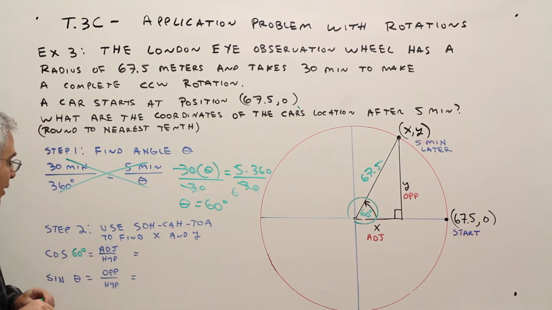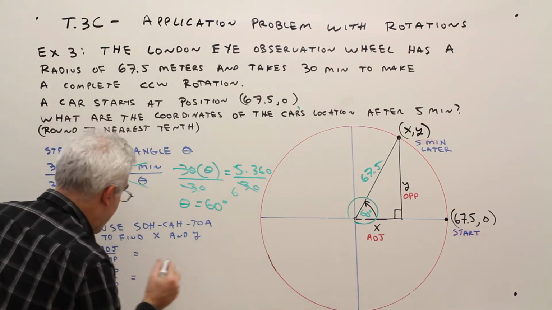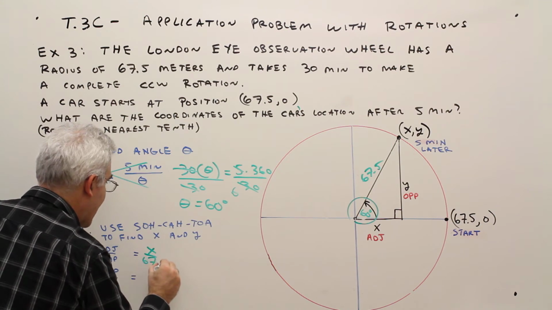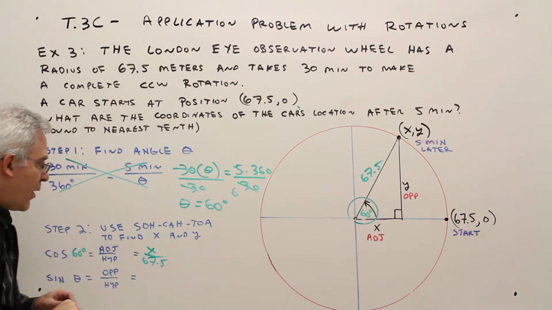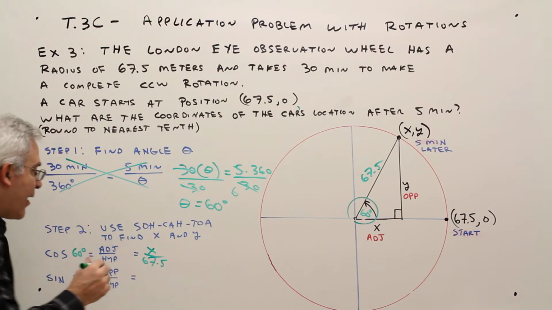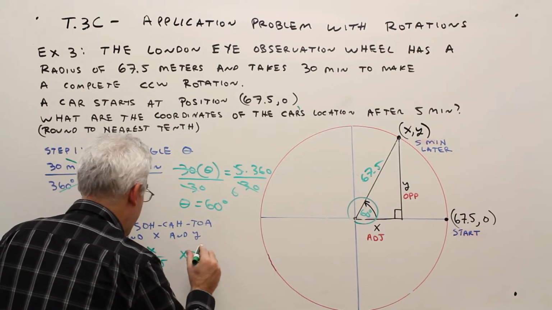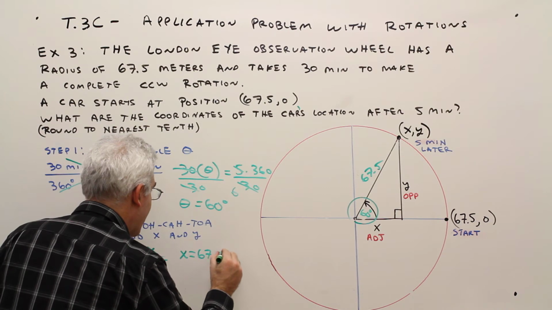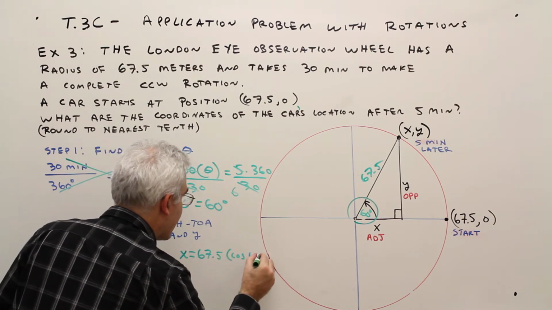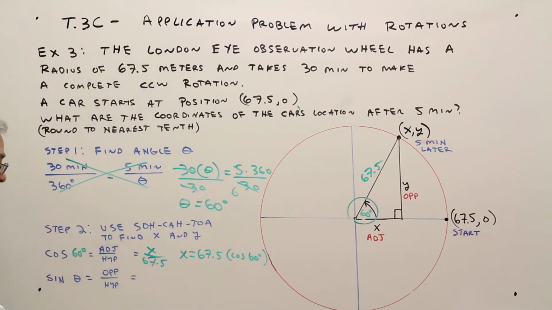Let's fill in the numbers I know. The adjacent I don't know, it's x. The hypotenuse I do know, it's 67.5. Okay, I could multiply each side by 67.5 and get x equals 67.5 times the cosine of 60 degrees. I'll do that calculation last.